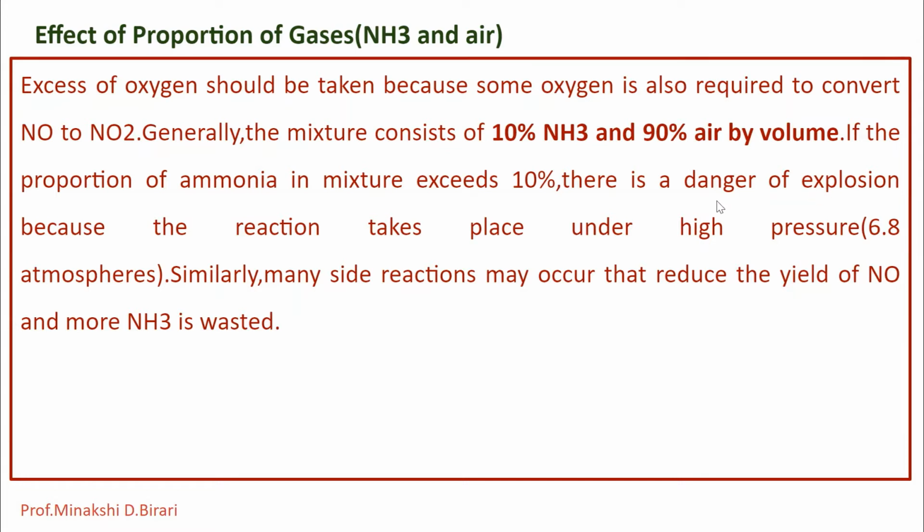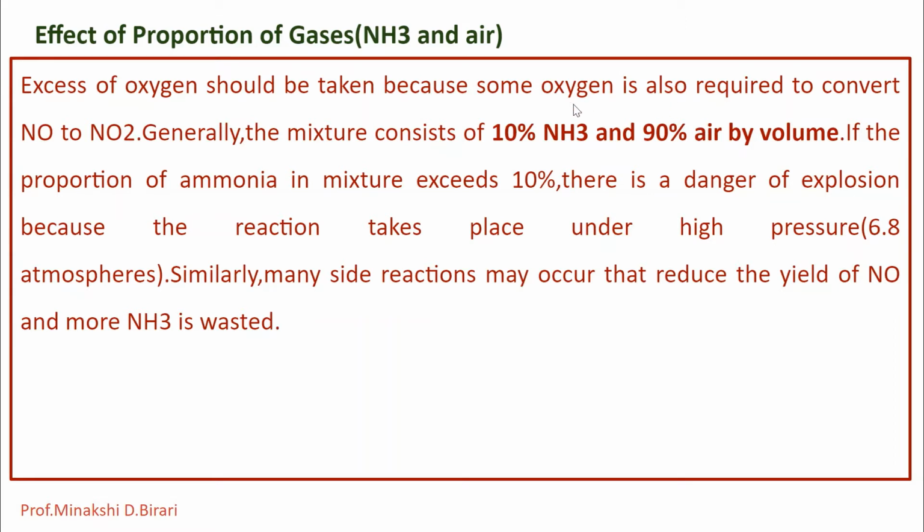So we should take care that if the proportion of ammonia in the mixture exceeds 10%, there may be the danger of explosion. Similarly, many side reactions may occur that reduce the yield of NO, and more NH3 is wasted.